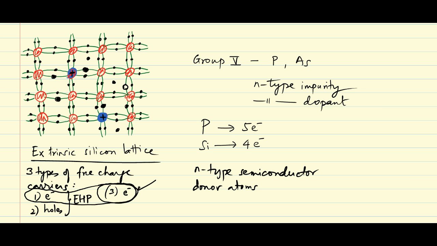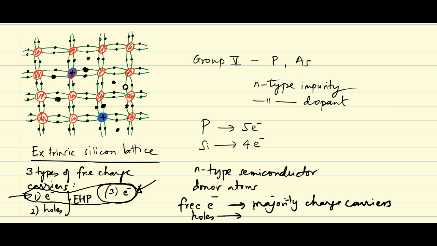Most of them are type number 3, a few of them are coming from type number 1, but in any case the number of electrons is much larger than the number of holes, and that's why in an n-type semiconductor free electrons or conduction band electrons are called the majority charge carriers, while the holes, because they are so small in number relatively, are called the minority charge carriers.